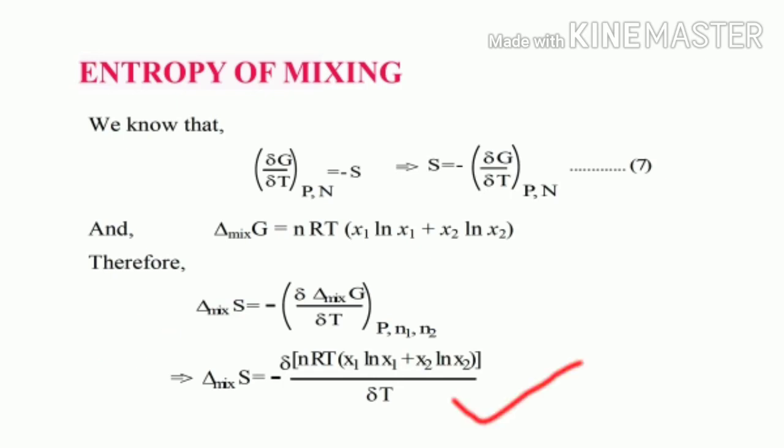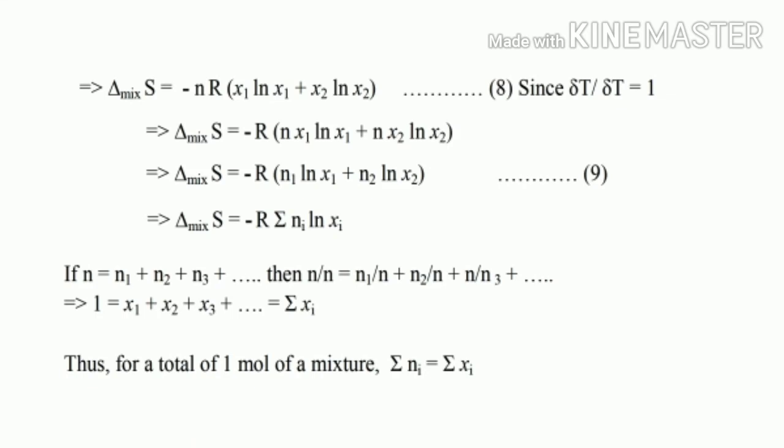So this implies ΔS mix equal to minus ∂, replacing ΔG mix by nRT whole into x1 ln x1 plus x2 ln x2, divided by ∂T. This implies ΔS mix equal to minus nR whole into x1 ln x1 plus x2 ln x2. Give it equation number 8, since ∂T by ∂T is equal to 1.